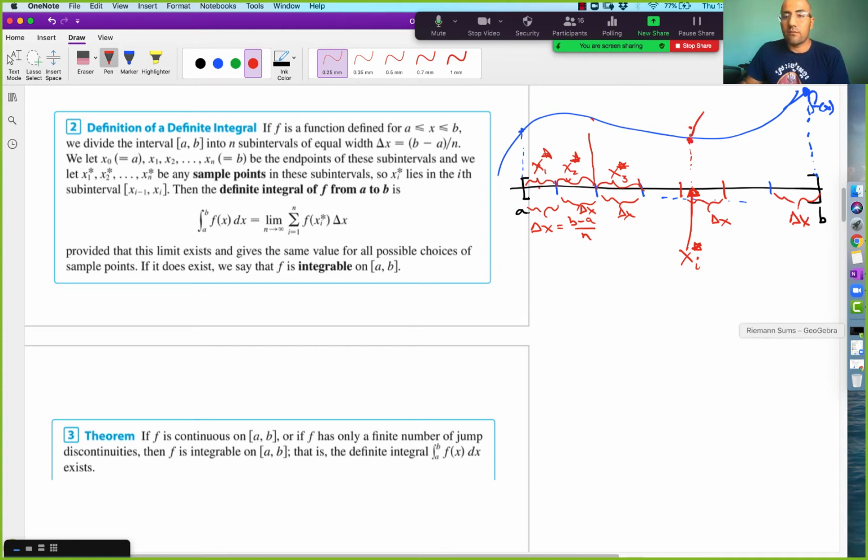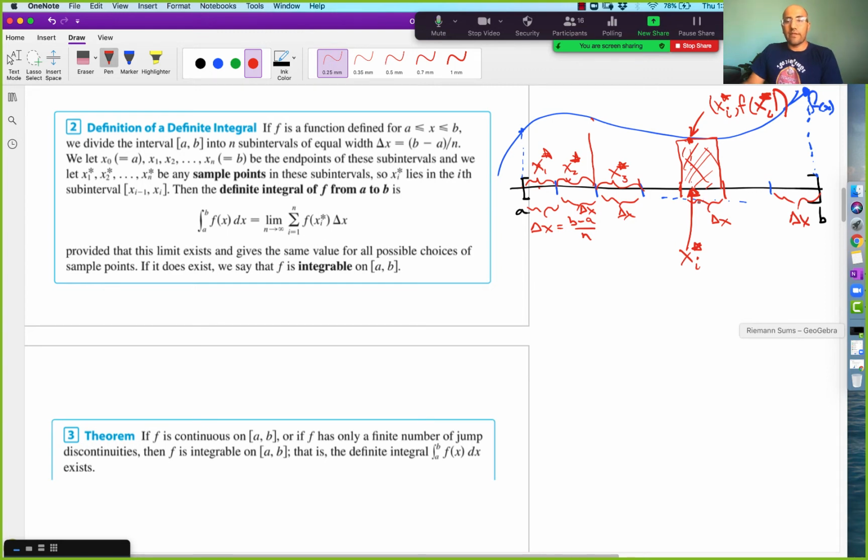So this point right there would be the ordered pair x sub i star, comma, f of x sub i star. Right? And then that would be the height of this thing. I go this way, I go like that, and there is my ith rectangle.